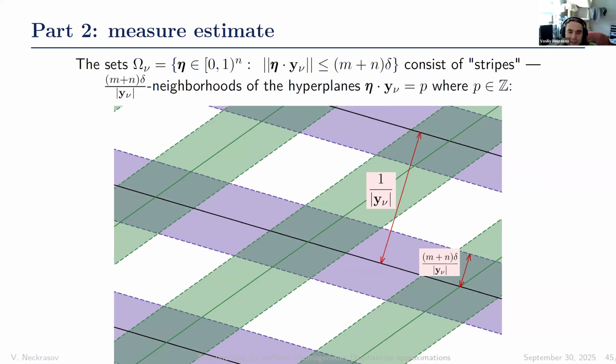What we want to notice is that these two sets are, no matter what the angles are, almost independent metrically, which means that the measure of their intersection is close to the product of their measures. Of course, that may not hold if y nu and y nu plus 1 are close to each other. You can draw the picture when one of them is the other shifted or something like this.